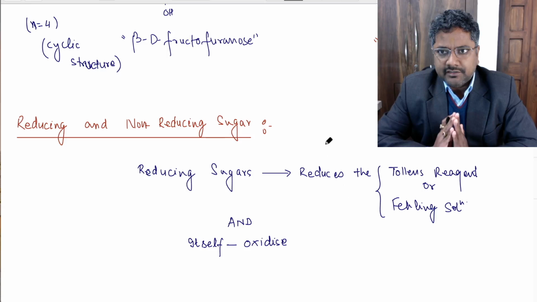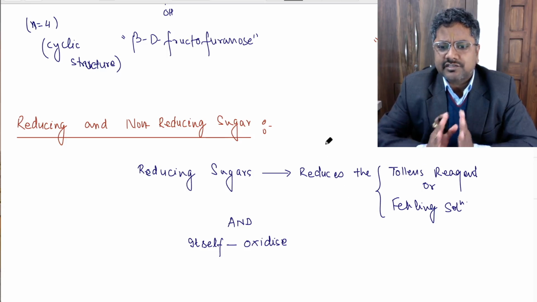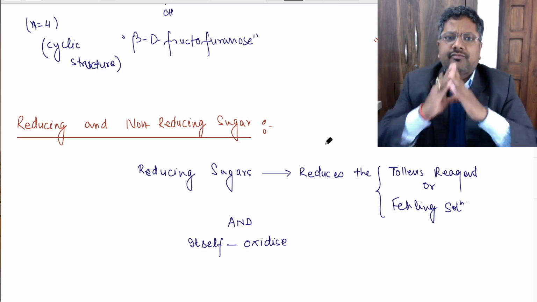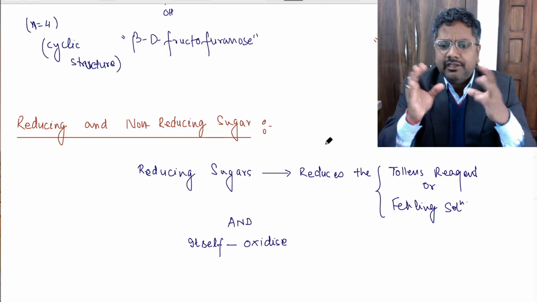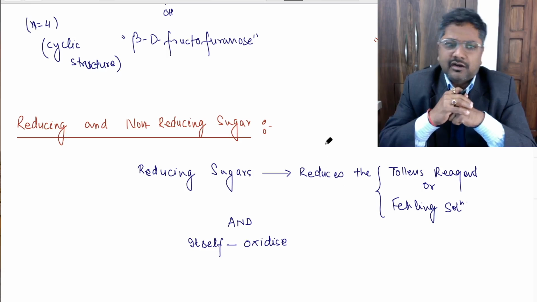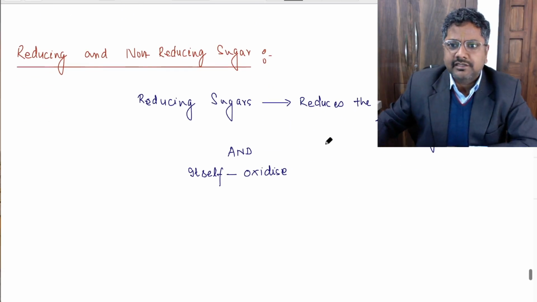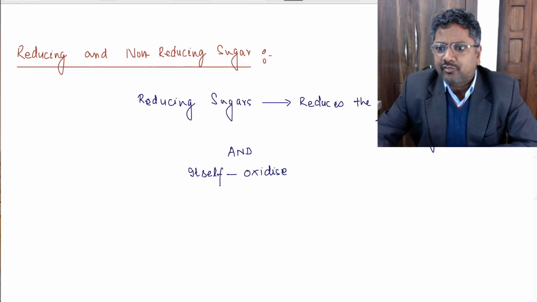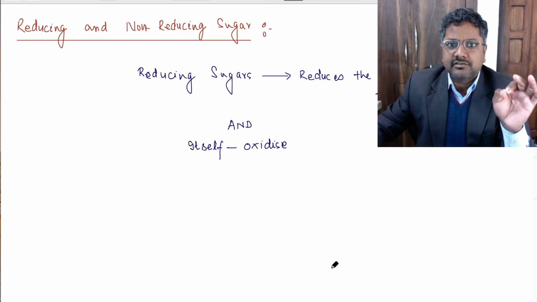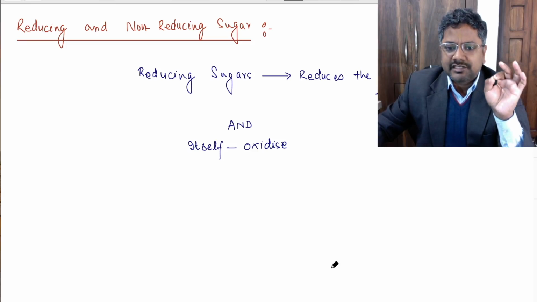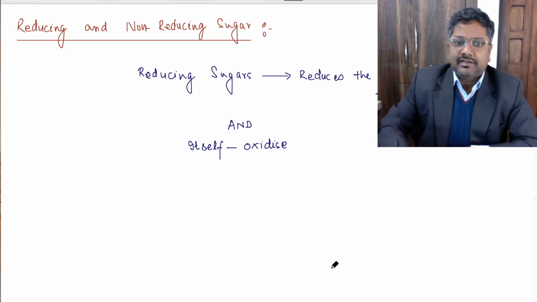In the cyclic structure, by just simply seeing the structure of the carbohydrate or sugar molecule, you can very easily identify whether it is reducing or non-reducing, right? So I am giving you a very important point, how to identify reducing and non-reducing sugar by just observing the cyclic structure of that molecule.